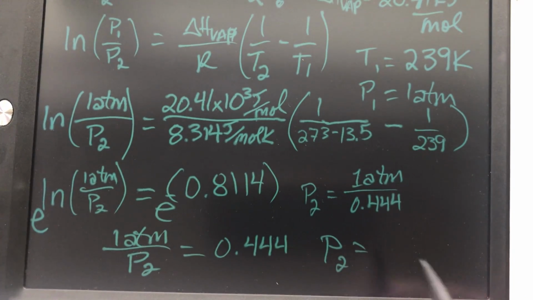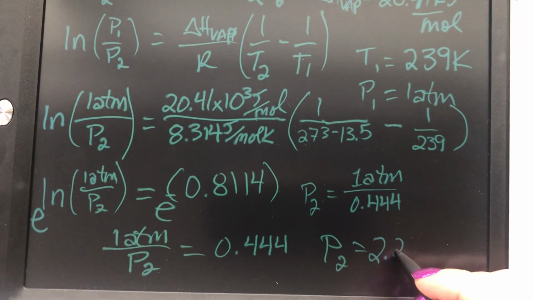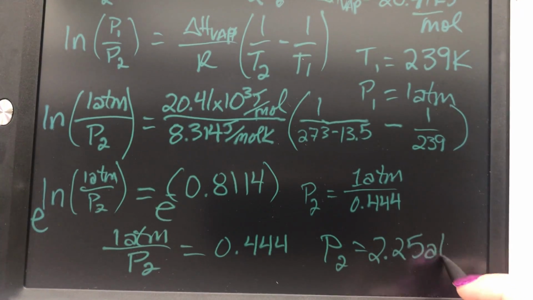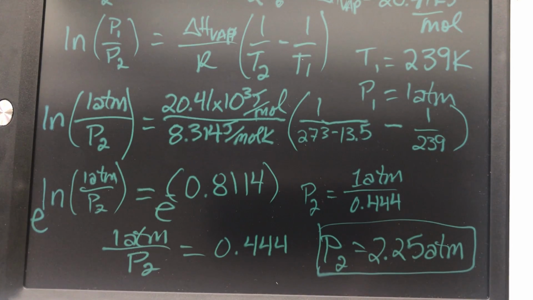So P2 is equal to 2.25. How are we doing with that, guys?